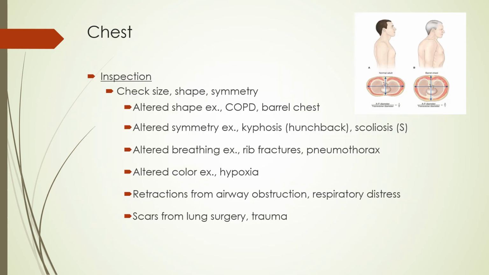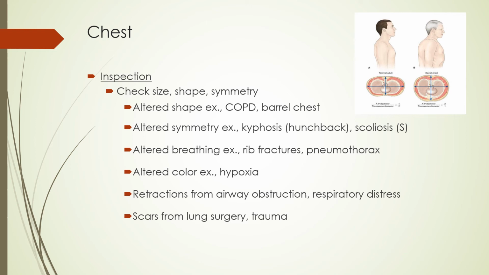Okay? Your chest, we inspect the chest. Is it a round shape? Is it symmetrical, meaning even on both sides? Is it a barrel chest, which means is it round? Your chest should not be rounded. That can indicate a patient has COPD, but you don't have to know that at this level. Just know the chest should be symmetrical. It should not be a rounded shape.